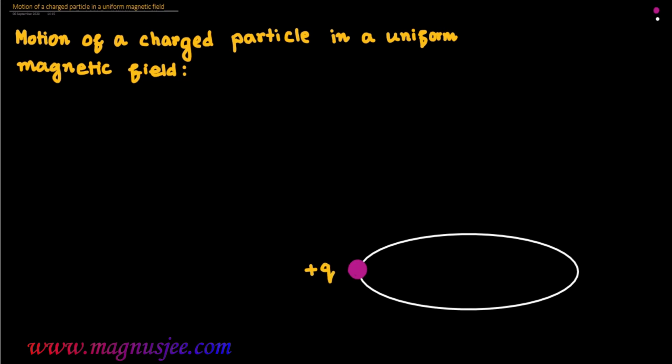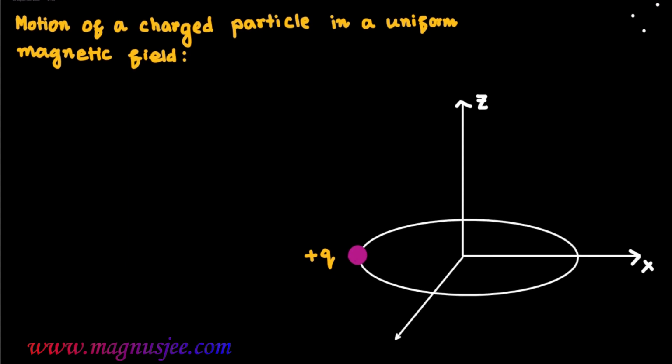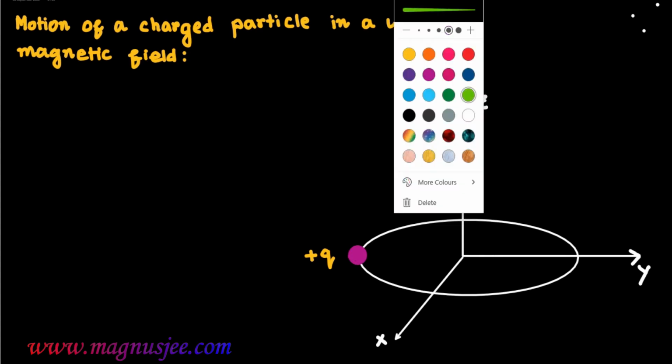Let plus Q be a positive charge, and this is the Z axis, this will be the Y axis, and this is the X axis. That means plus Q charge will describe a circular orbit in the XY plane.